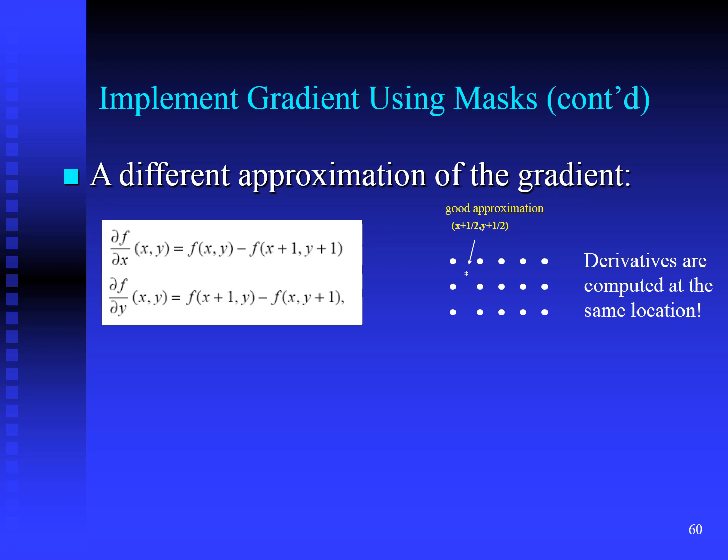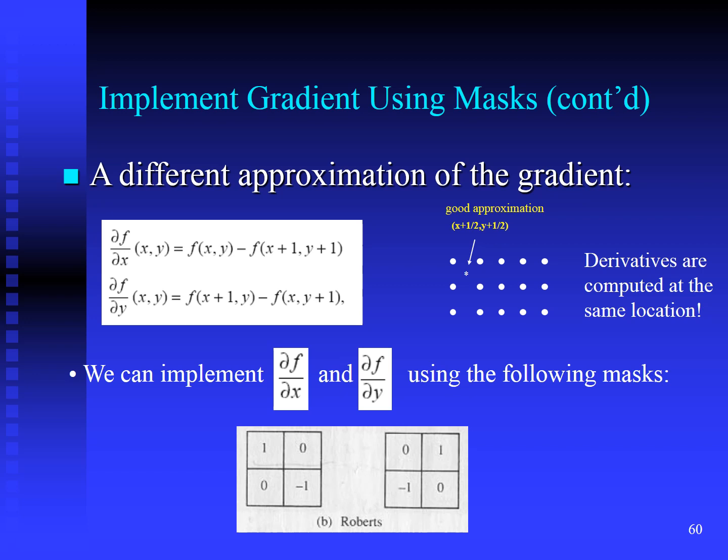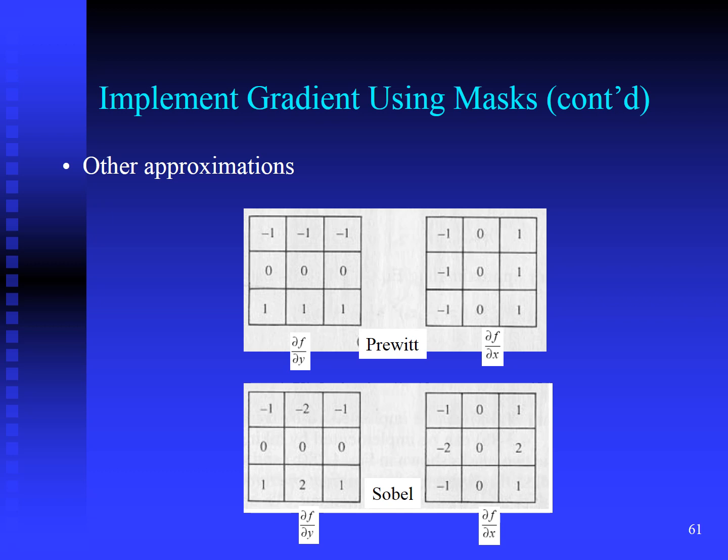If you want to calculate the first derivative on the same location in x or y direction, so these are the approximations. And they're using the following mask. These are called Roberts approximation. There are also Prewitt and Sobel.